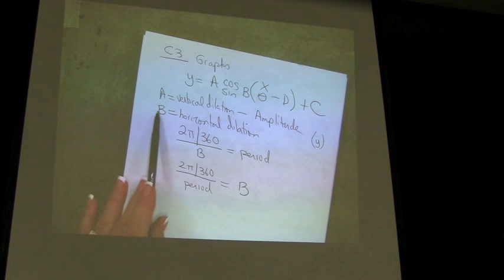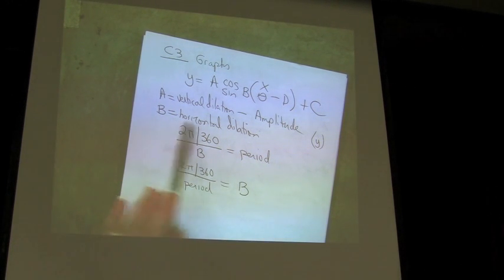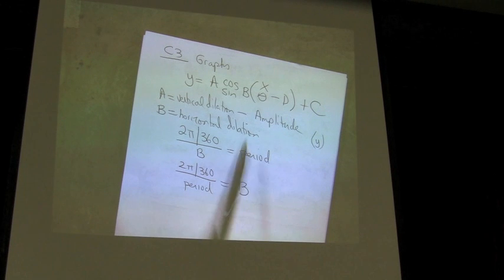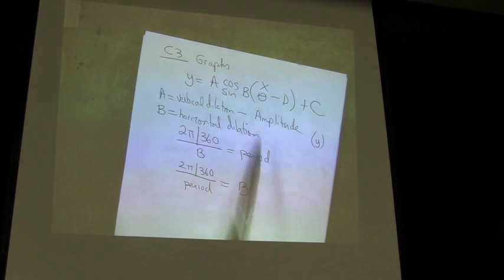And so B, known before as the horizontal dilation, now tells you how you find the period of a function, or if you know the period, you use it to find B. But please don't ever think that if you know the period, that value is going into an equation. It never does.